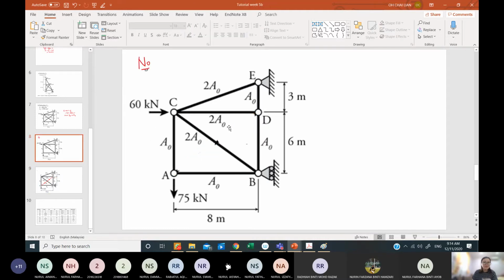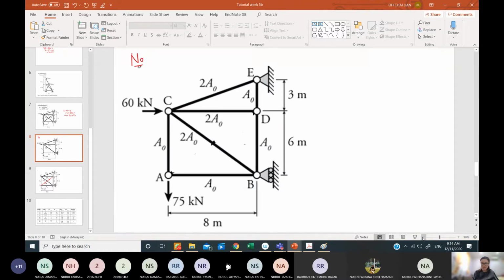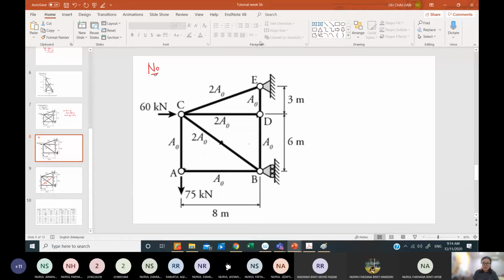Okay, then let's try solving the N0 first. So we have EX. I don't have any answer with me, so please check my calculation. I will have EX, EY, BX.